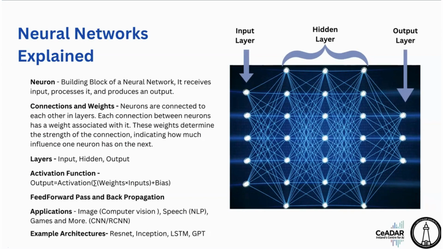One of the biggest applications of neural networks is image processing, computer vision, ChatGPT, or architectures based on transformers, LSTM networks, Inception networks, and ResNet. These are some of the biggest neural network architectures in the market right now.